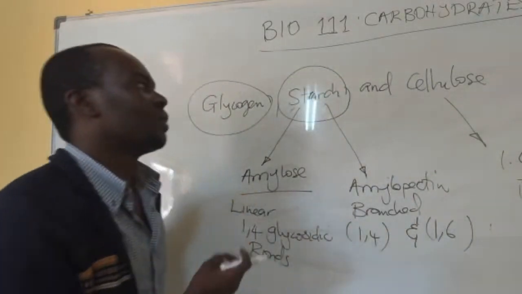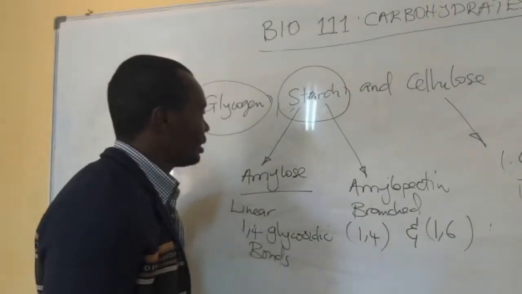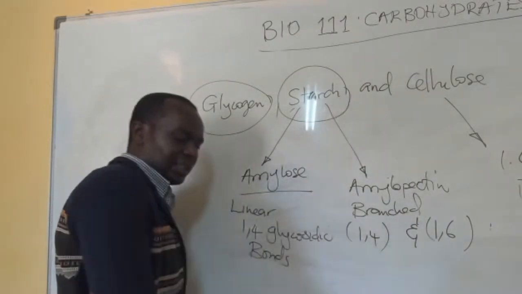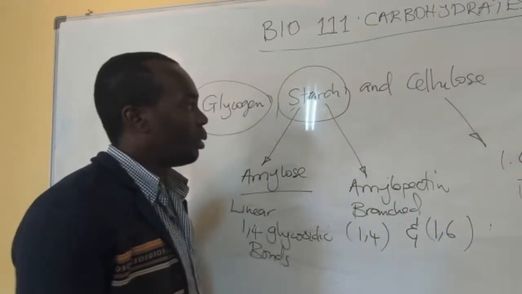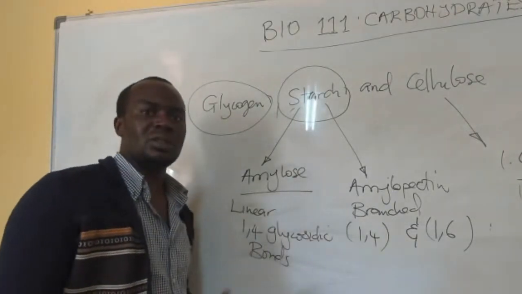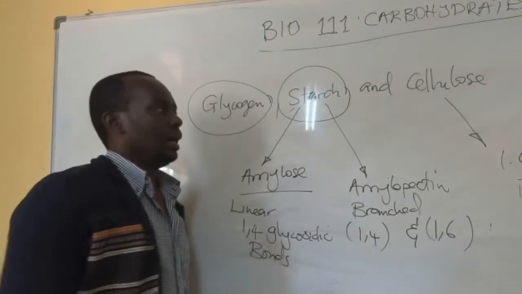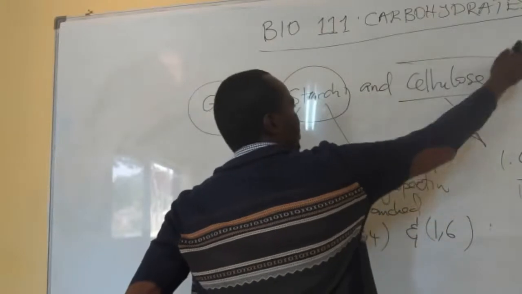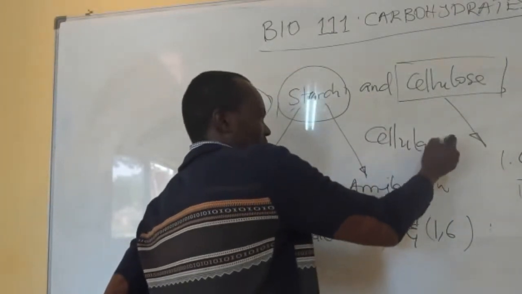But when you look at the functional difference, cellulose is a structural polysaccharide, because it's usually found in plants, and human beings cannot digest cellulose because they don't have the enzyme cellulase.